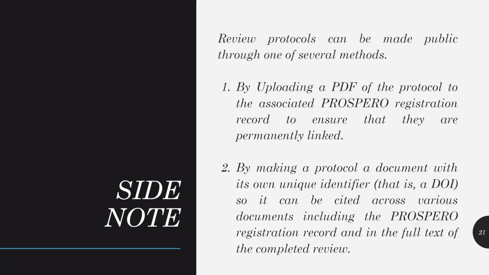Or you might even choose to deposit your protocol in a general purpose or institutional open access repository, something like the Open Science Framework registries, amongst others. So that way your review protocol ends up being a document and has its own identifier, and then you can go on to cite it in your registration record on PROSPERO or even in the full text of your completed review.